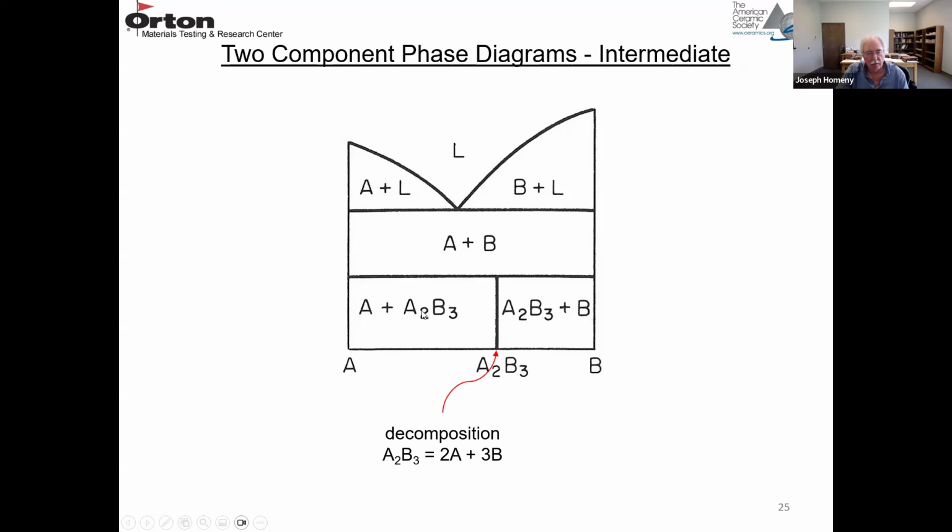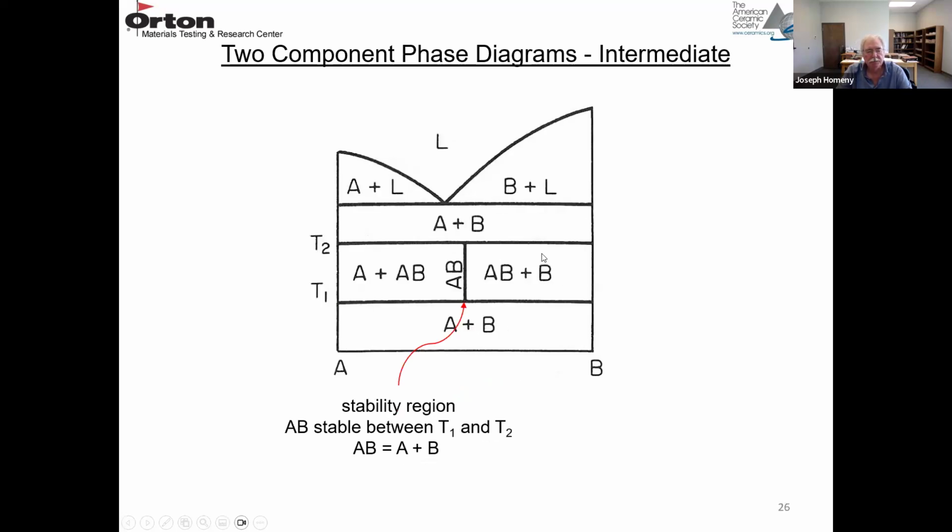So here is A plus A2B3, and then B plus A2B3. As we increase the temperature, we reach this horizontal line. A2B3 decomposes to A and B. So that's a decomposition reaction. And then at this point in the upper part of the phase diagram, you have a simple eutectic phase diagram.